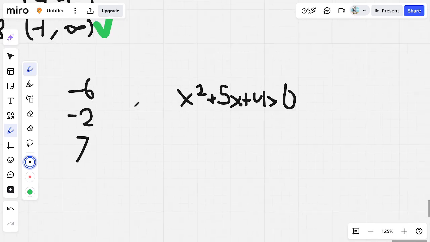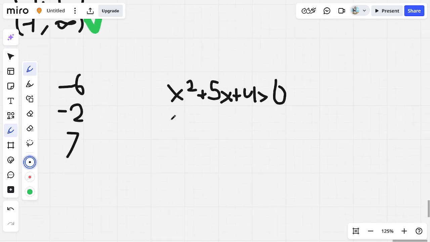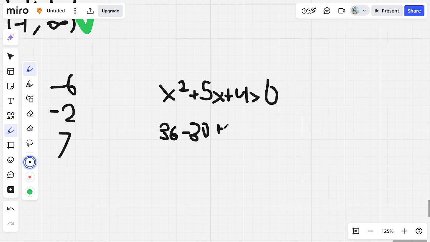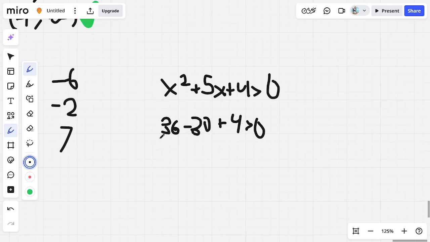If we put negative 6 into here, we get negative 6 squared, 36, plus 5 times negative 6, so minus 30, plus 4 is greater than 0. 36 minus 30 is 6. Plus 4, it's 10. Is 10 greater than 0? Yep.